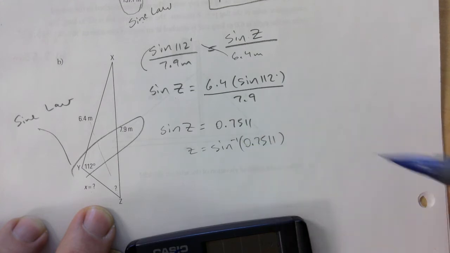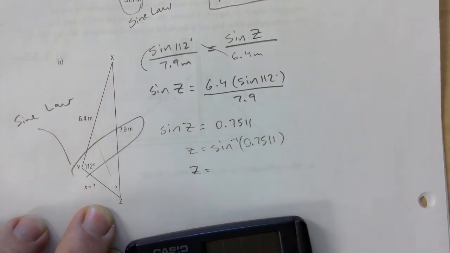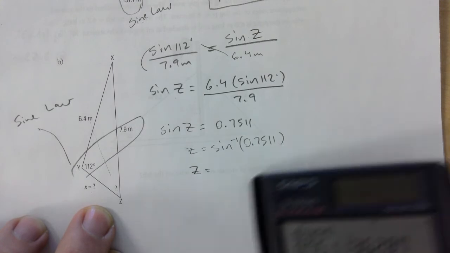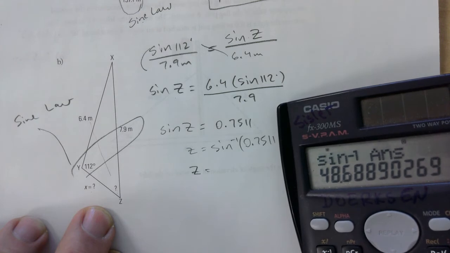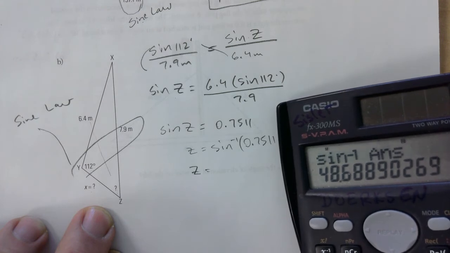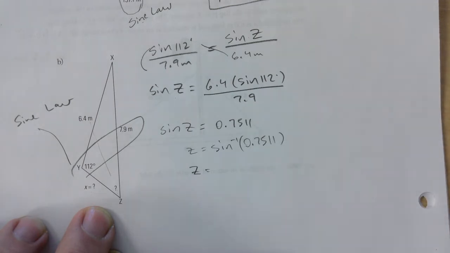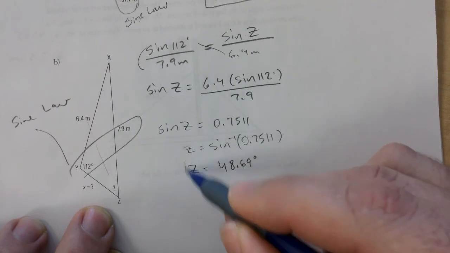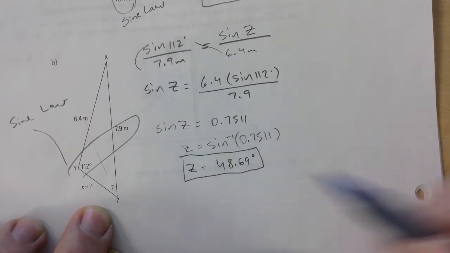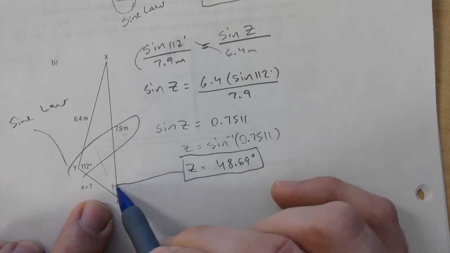You don't need to have the brackets, but some calculators do it anyways. So I'll take the inverse of that answer, and it's 48.69. Okay, the 8 gets bumped up. So you found the angle. You have that now, right?